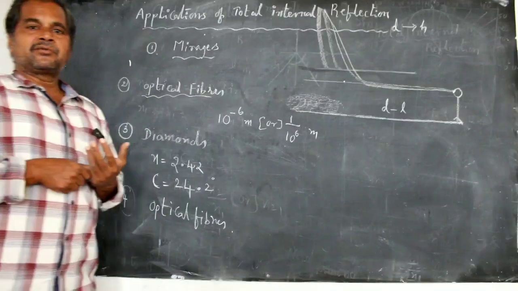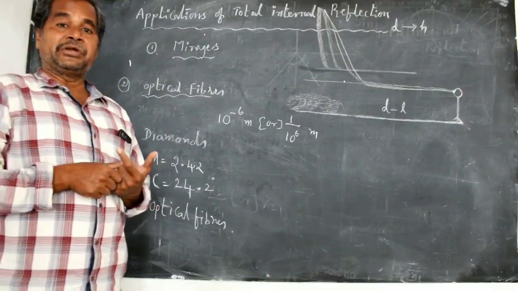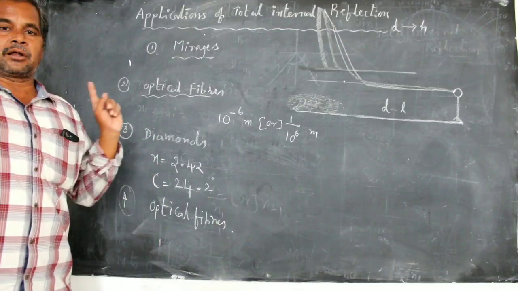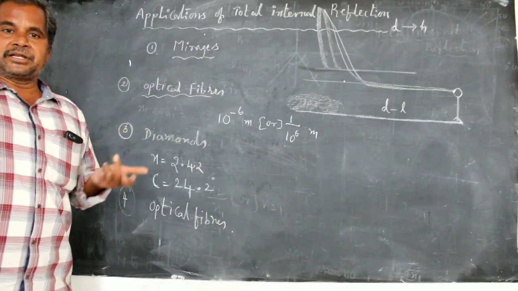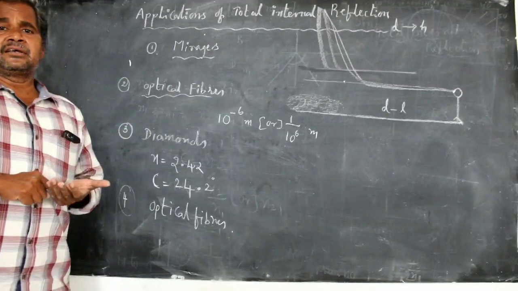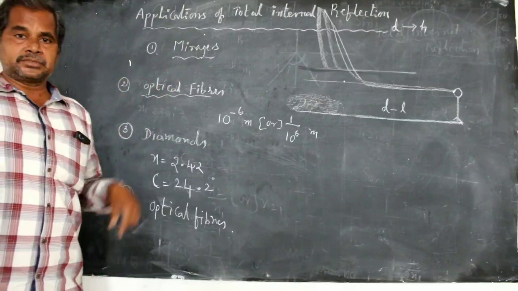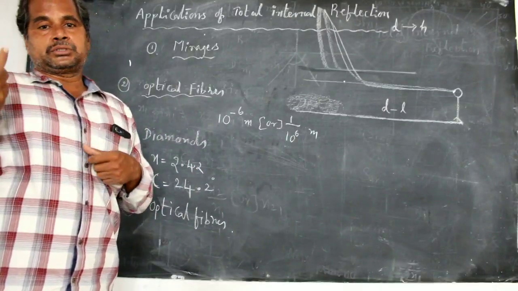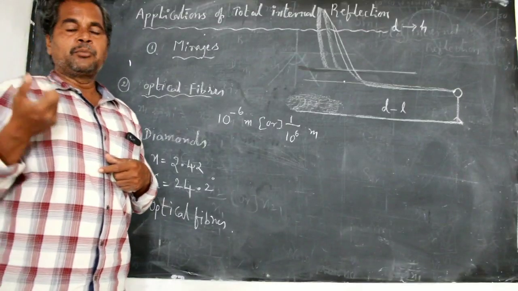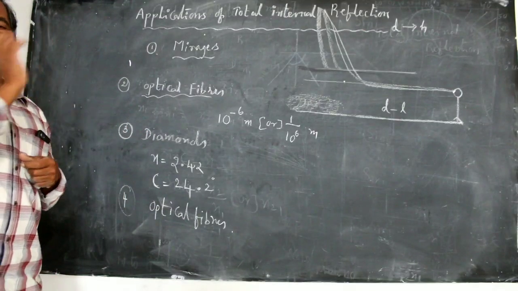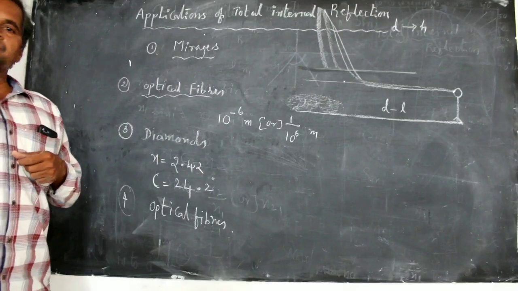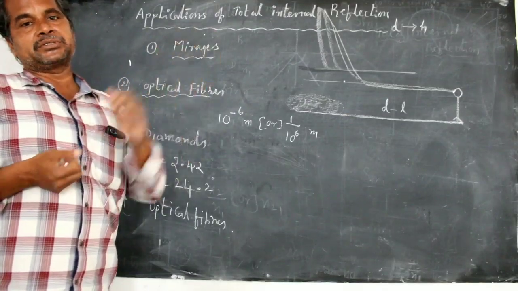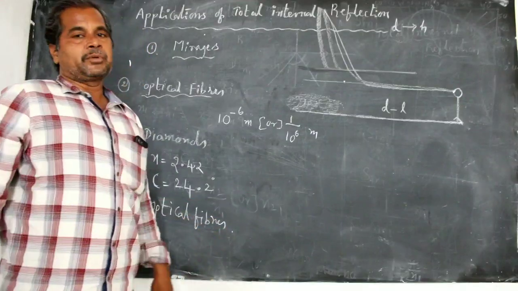So nowadays we are using cell phones, we are using computers, we are making video calls, and we are watching so many sports and events occurring around the world very easily and very clearly. By using a cell phone, we can see things happening around our surroundings and in other countries also. So how are those communication signals transmitted from one place to another? All those signals are transferred from one place to another by using optical fibers.